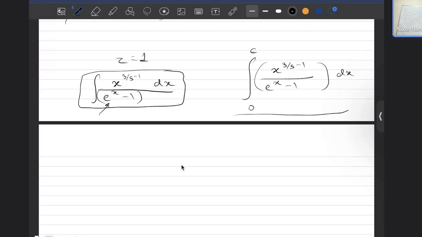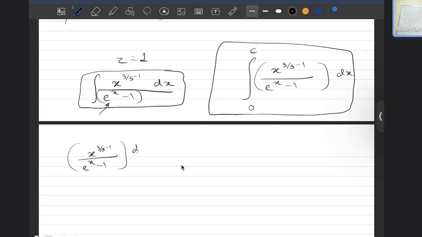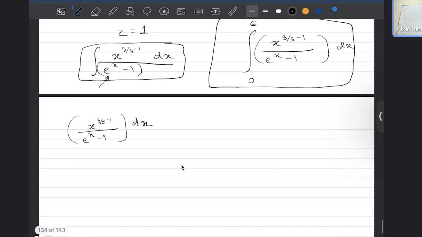So let's check doing this integration near x equal to 0 only. So x to the power 3 by s minus 1 divided by e power x minus 1 dx. Because x is very small, I can expand e power x as 1 plus x. So what I end up with is x raised to power 3 by s minus 2 dx, from 0 to some epsilon.